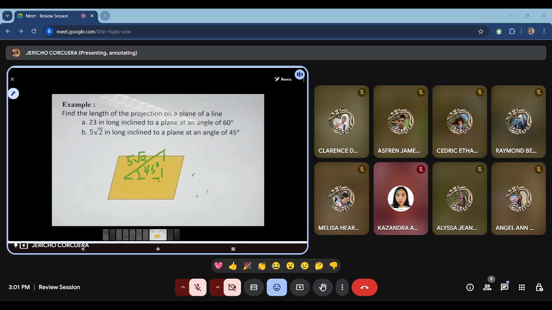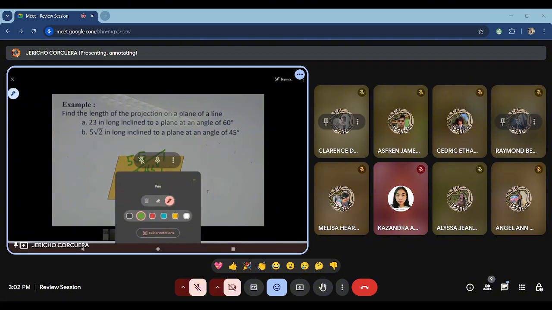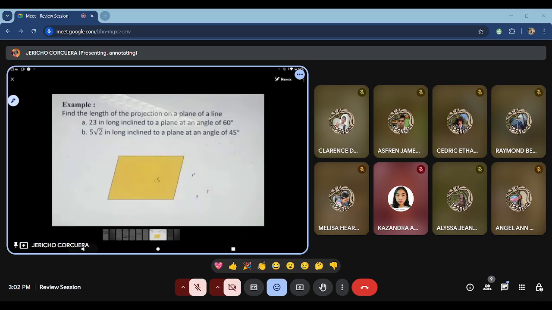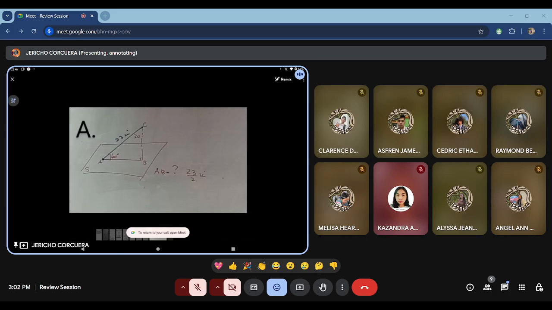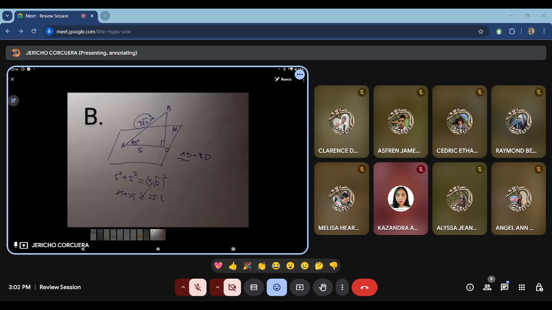The length of the projection is 5 inches, because cosine 45 is square root of 2 over 2, and then we did x over 5 square root of 2. We apply MPE and then we got the answer 5. Okay, that's it. As you can see, here's the solution to this one. It's 5.